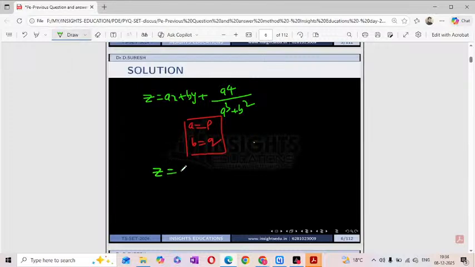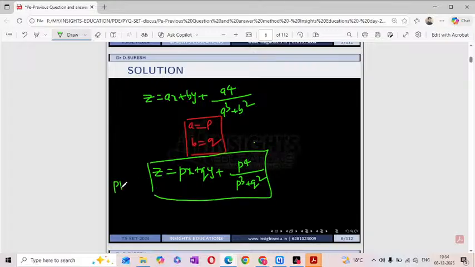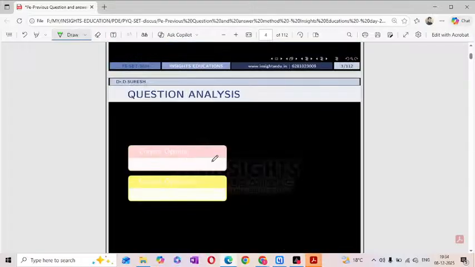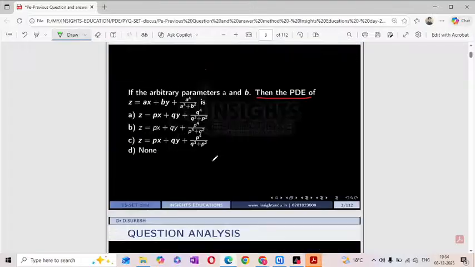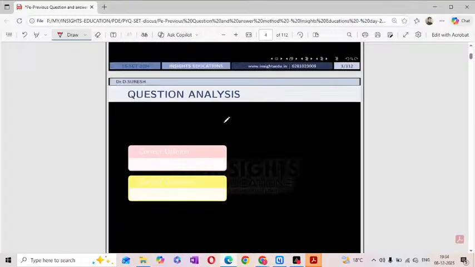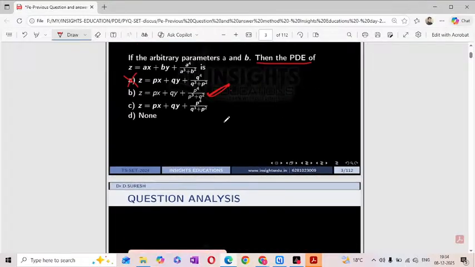The differential equation is Z is equal to Px plus Qy plus P power 4 by P cube plus Q square. Now come to the options. Option A is not correct, option D is not. So option B is the correct answer. Okay, very simple.